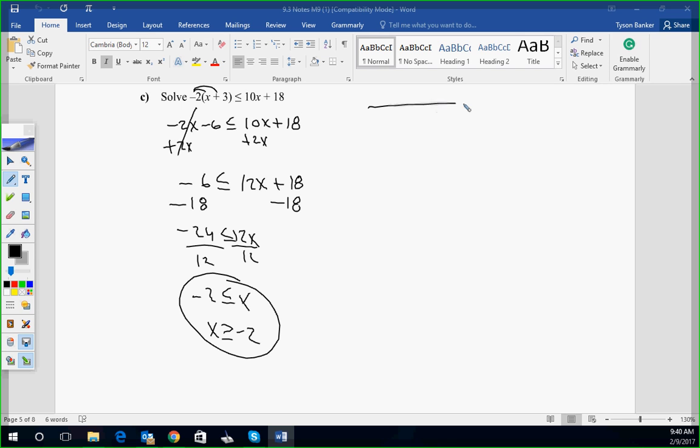So in terms of a graph, got your negative 2, and it's greater than or equal to, so solid dot to the right. Okay, and again, I could try 0, so I'm going to try 0 here. So negative 2 times 0 plus 3.